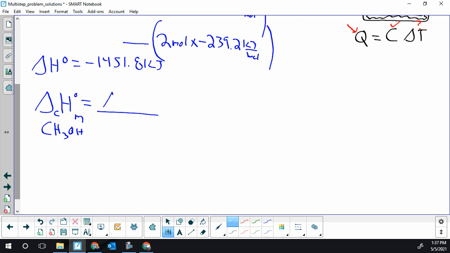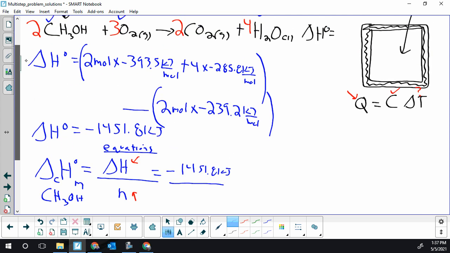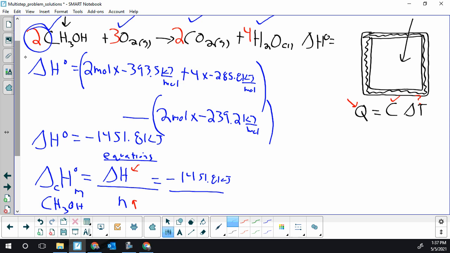So I'm going to take the delta H from the equation and the moles from the equation. And these are variables. You have to use corresponding values whenever you're using the equation that I'm using. So that's the energy released for the whole equation as written, and the methanol has 2 moles.